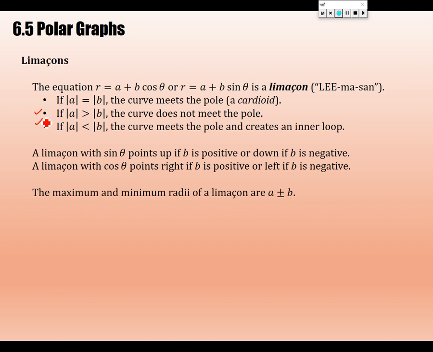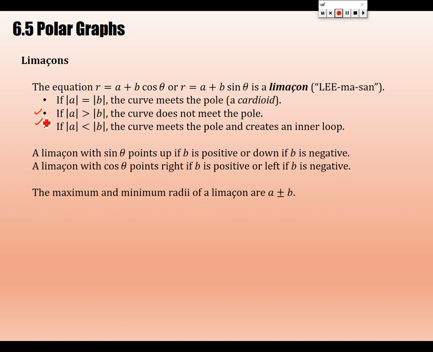It points up if B is positive, or down if B is negative. Cosine is positive left and right. How about you just plug in those 4 numbers, 0, pi over 2, pi, 3 pi over 2, and you'll get a beautiful picture.